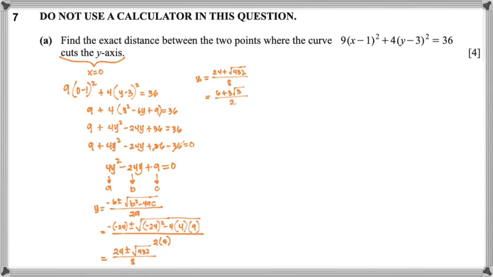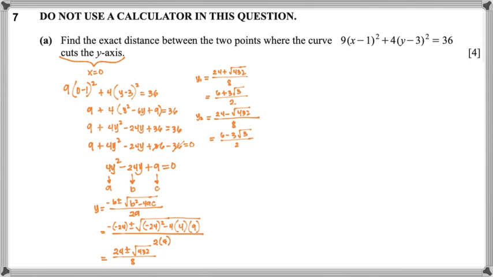For y sub 2, we'll get 24 minus the square root of 432 over 8, and y sub 2 will be equal to 6 minus 3 square root of 3 over 2.